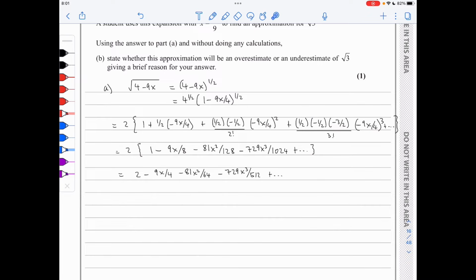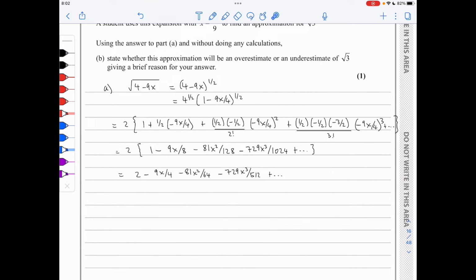In B, we are told to use the answer in part A without doing any calculations to state whether this approximation will be an overestimate or an underestimate of root 3, giving a brief reason for our answer. Well, if you look at the expansion here, we notice that after the first term, the 2, all subsequent terms are negative, and therefore if I was to include all the terms here, I would be seeing all negatives here.